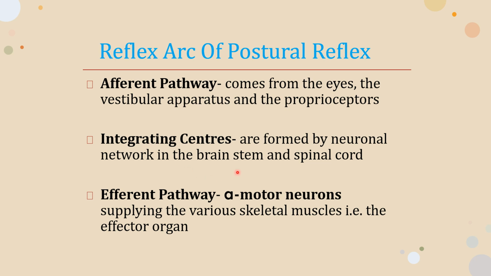And the efferent pathway is alpha motor neurons, present in the ventral horn of the spinal cord, supplying various skeletal muscles, that is the effector organ.